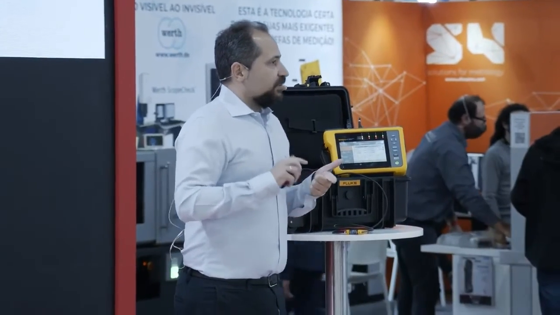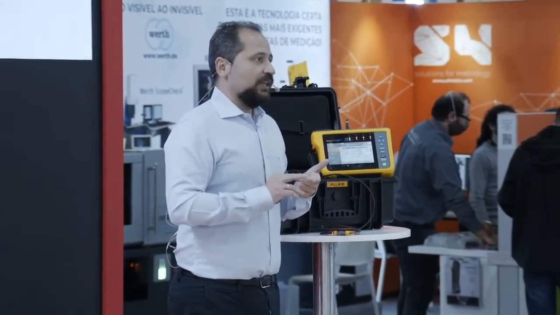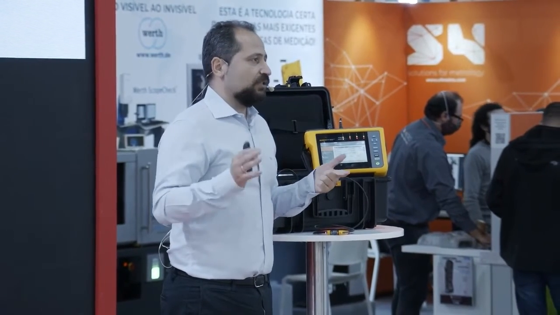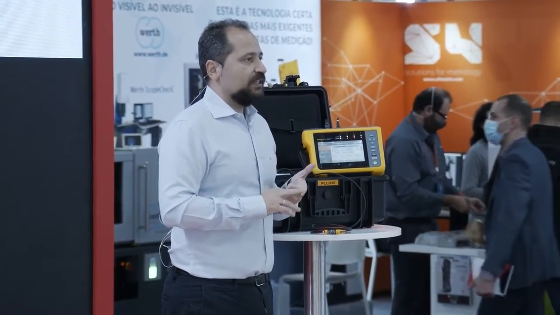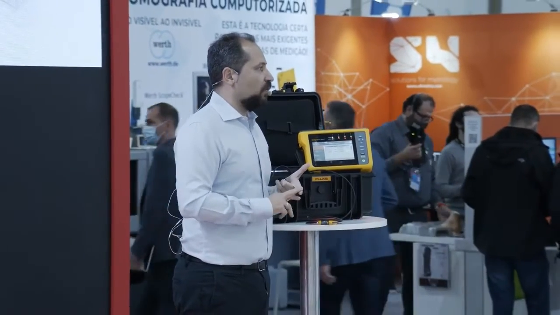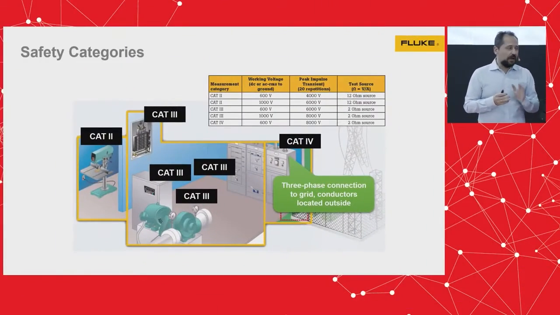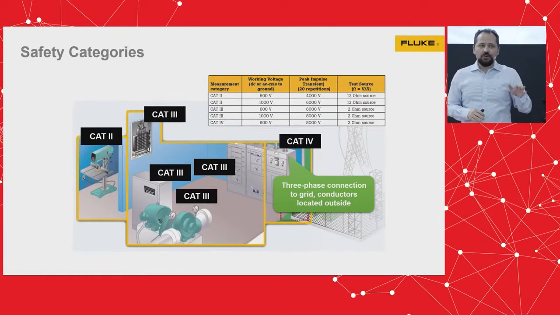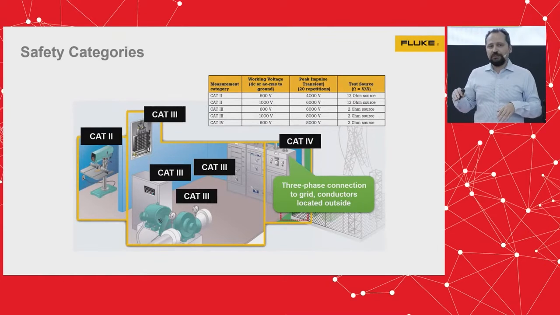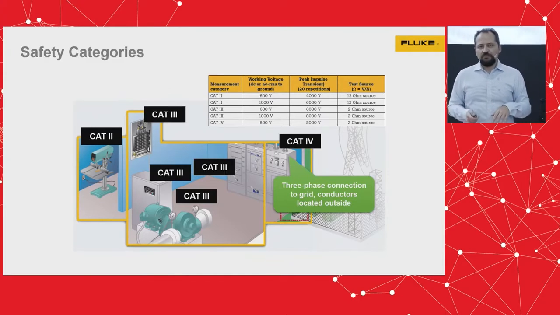Another thing to keep in mind is safety standards. It's really important, safety. You were talking about high voltage signals, and for Fluke this is always important. So make sure that you are using the right instrument with the proper category standard. Our product line goes up to category 3 and Cat 4, 1000 volts. So it's the highest standard for category in terms of protection for the end user.